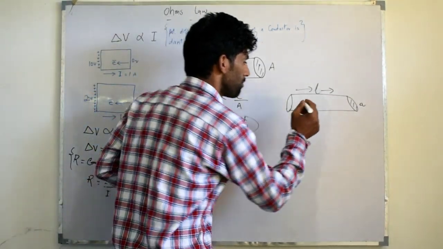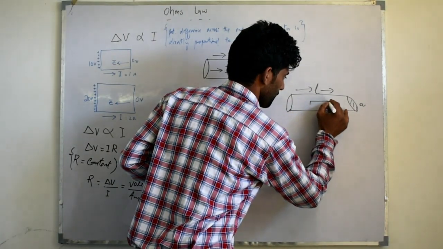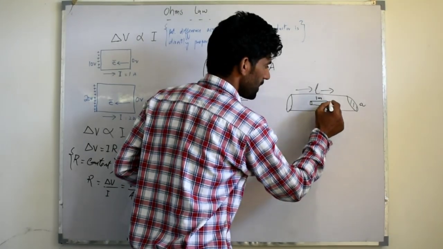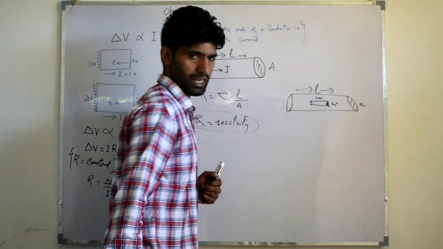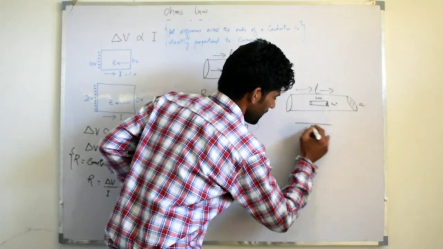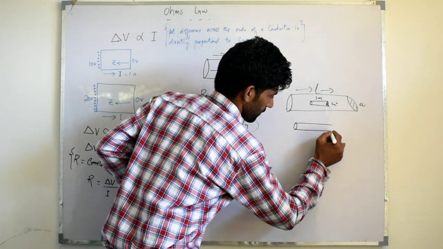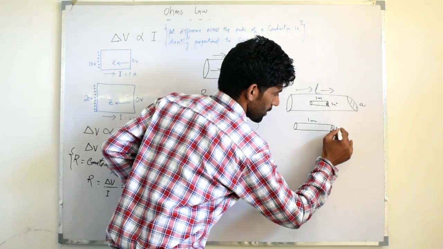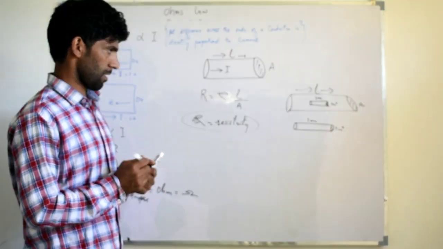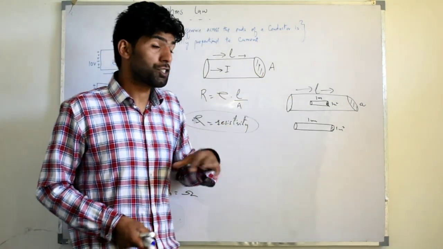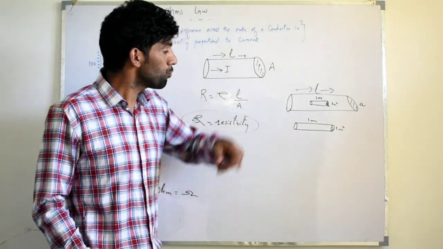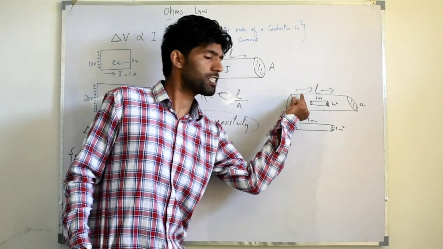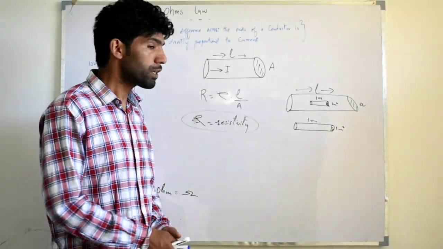What do we do? We cut a piece of wire having length 1 meter and area of cross section 1 meter square from this wire.